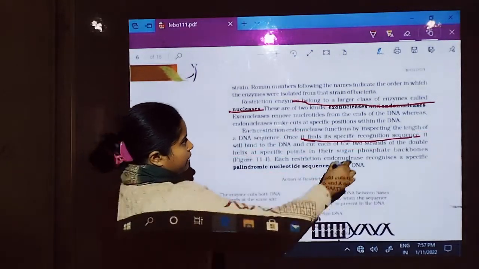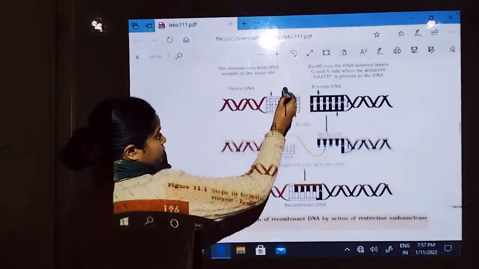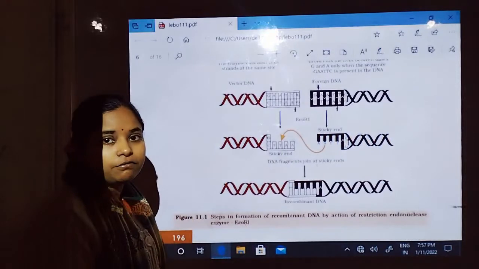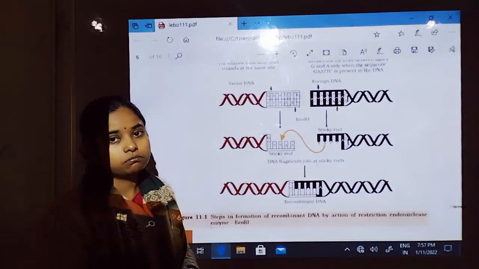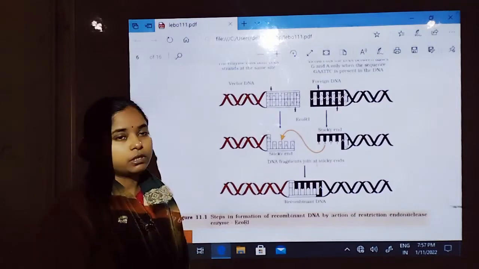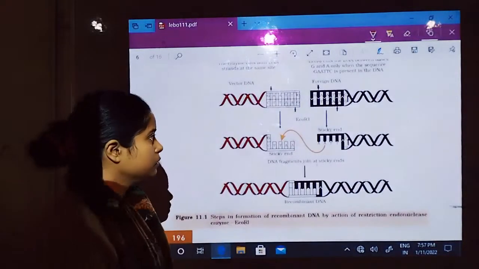So that's why it is important. Here is the diagram showing the cutting action of the restriction endonuclease enzyme.